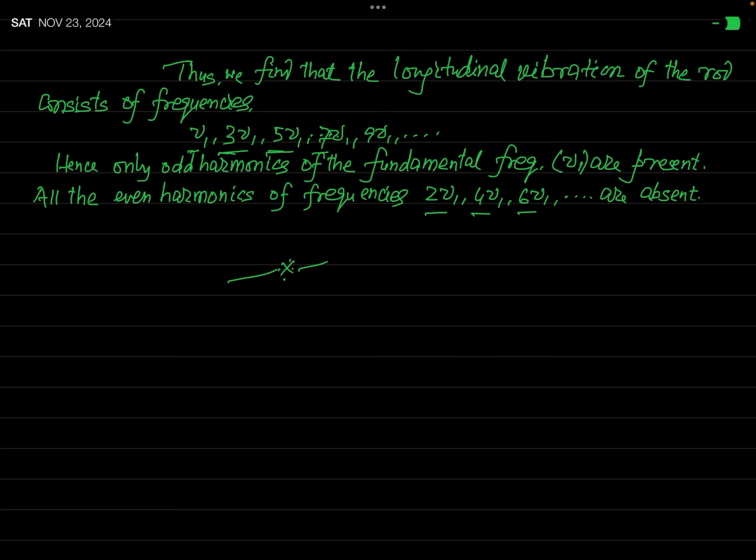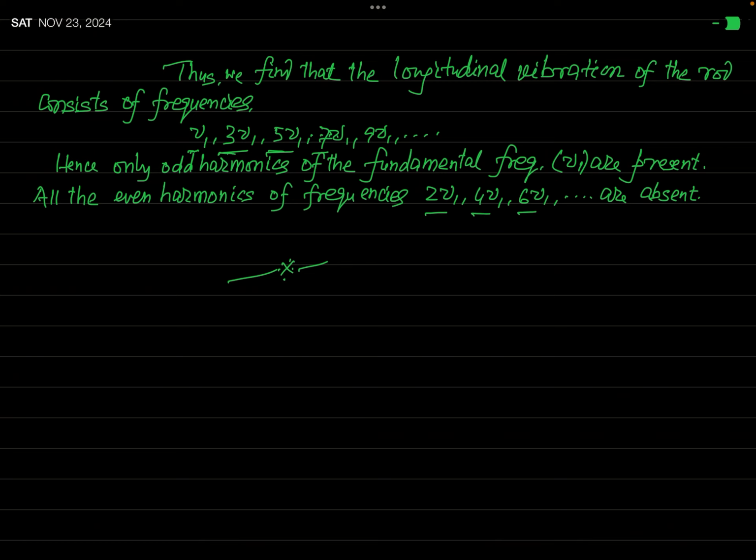When a rod is clamped at one end and it executes longitudinal vibration, its vibration does not contain the even multiples of the fundamental frequency. Only the odd harmonics of the fundamental frequency nu1 are present in its vibration.